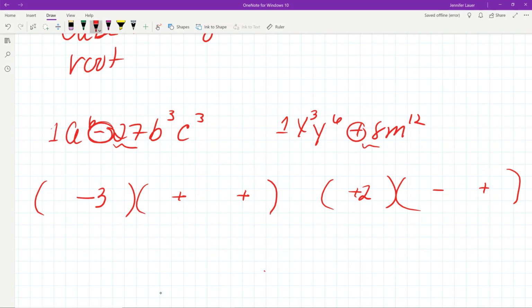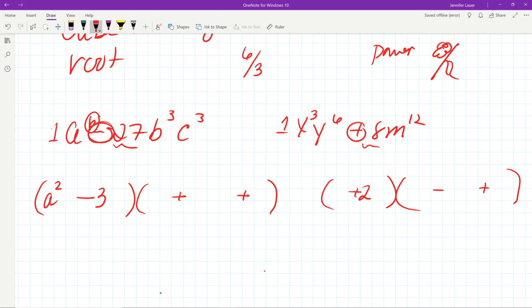Do you remember when I taught you all about your power is your flower, and the flower's on top and the roots are on the bottom? So that's what it comes from. So think about this 6. How do I know what the cube root of that is? Well, if the power is 6 and I'm looking for the root, it's 2. I'm dividing by 3. See how it all comes back together?